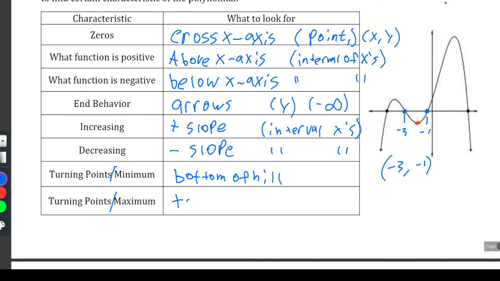And for maximum, we're looking for the top of the hill. For minimum, it's more like the bottom of a valley, not a hill. So I'm actually going to change that because that makes more sense. And these are also, your answer is going to look like a point for both of these.